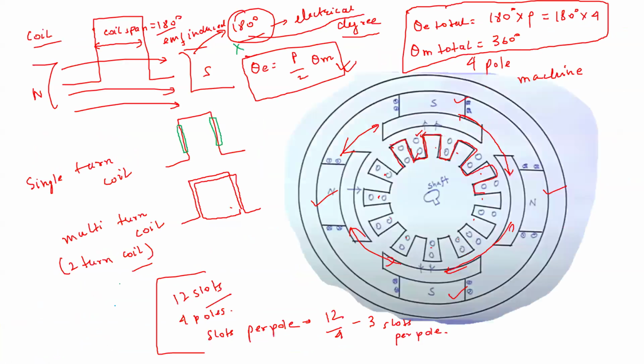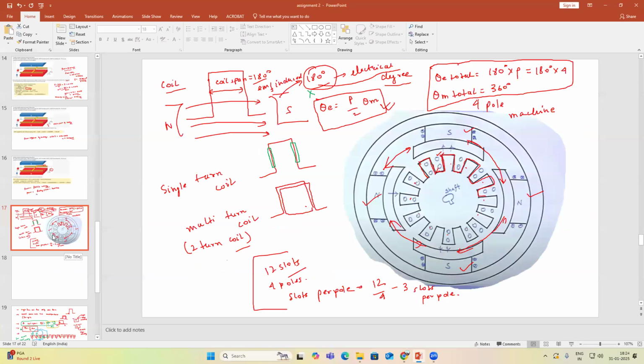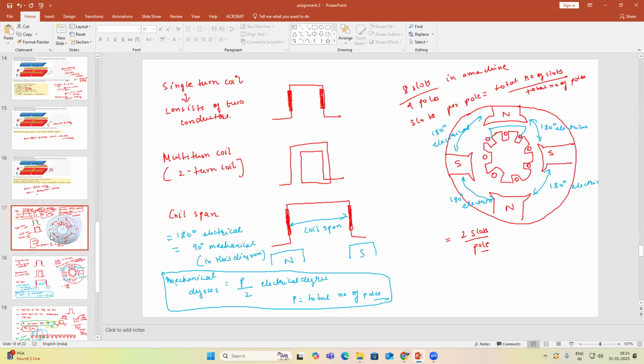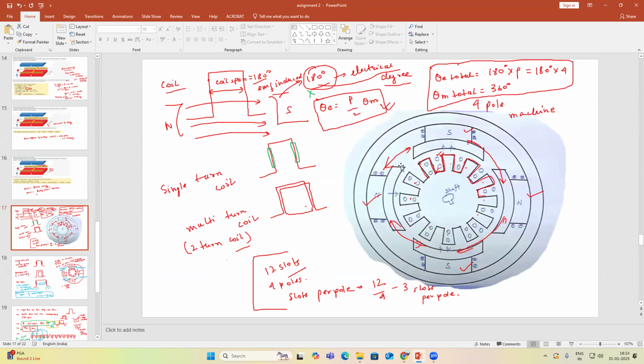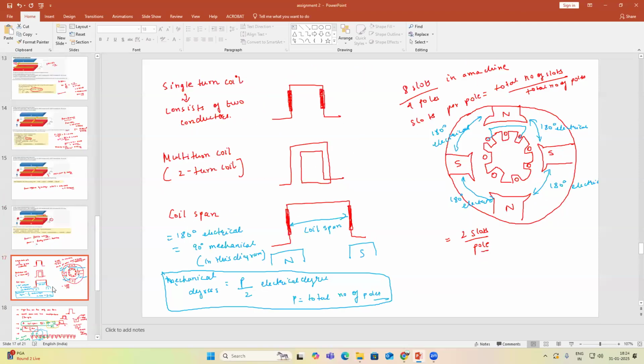Now, what all things are remaining to be discussed? Let me keep this. This is the same thing which I have shown earlier, so I'm writing the same things here also. I'm deleting this because I discussed this.